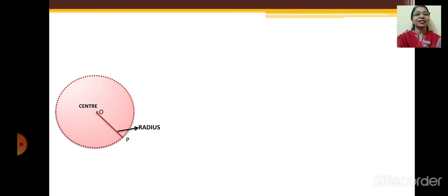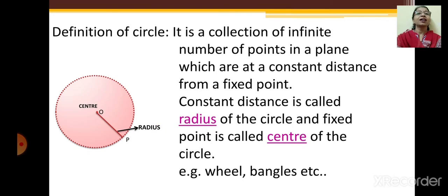So now let us define this circle in proper geometrical language. A circle is a collection or set of infinite number of points, and all these points are at a constant distance from a fixed point.